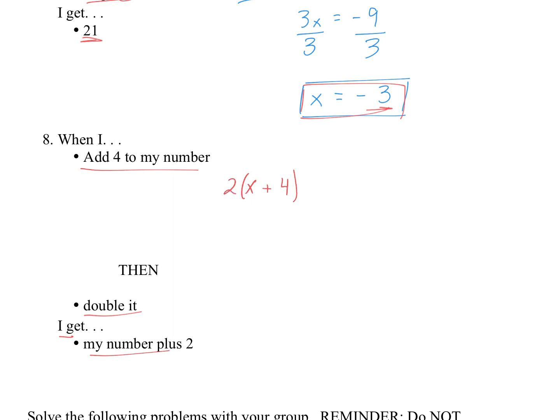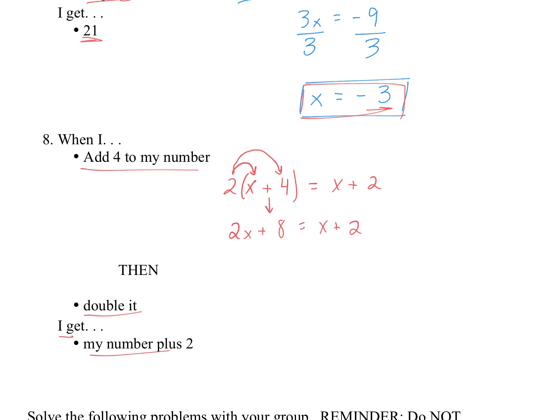After that, I get my number plus 2, so x plus 2. Once again, I'll be using the distributive property. The first step would be 2 times x, so that's 2x. I bring my plus sign down, and then I do 2 times 4, which is 8. And that equals x plus 2.